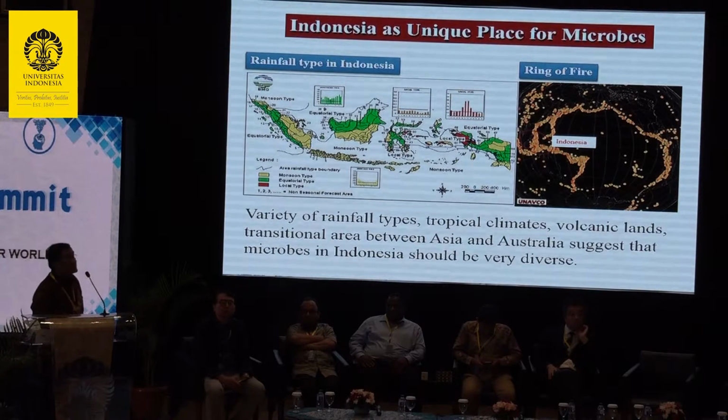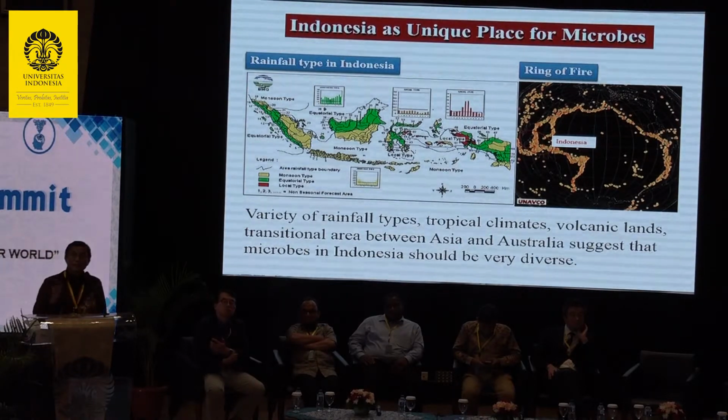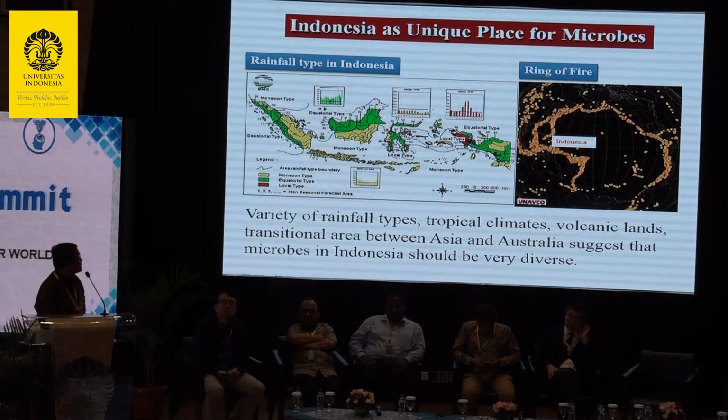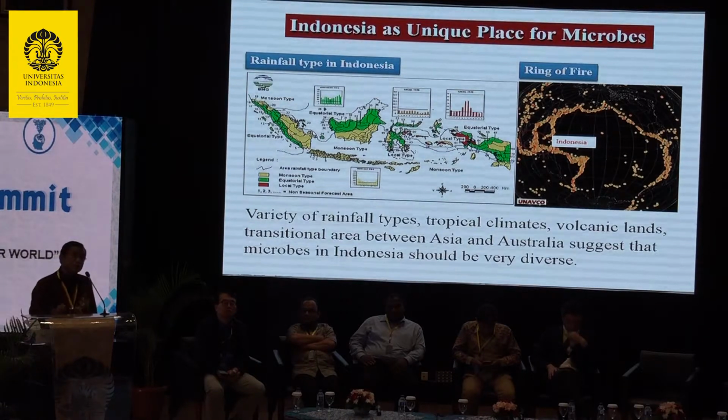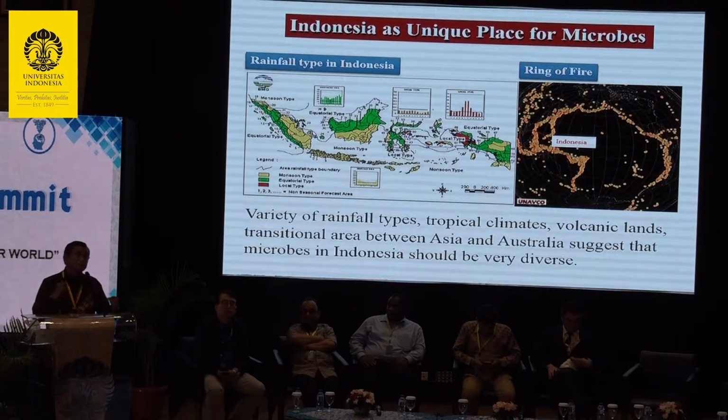But what's also unique is the microbes. Indonesia is really rich in microbes. We have so many because of the volcanic soils, because of the tropical climate, and also because of our position between Asia and Australia.